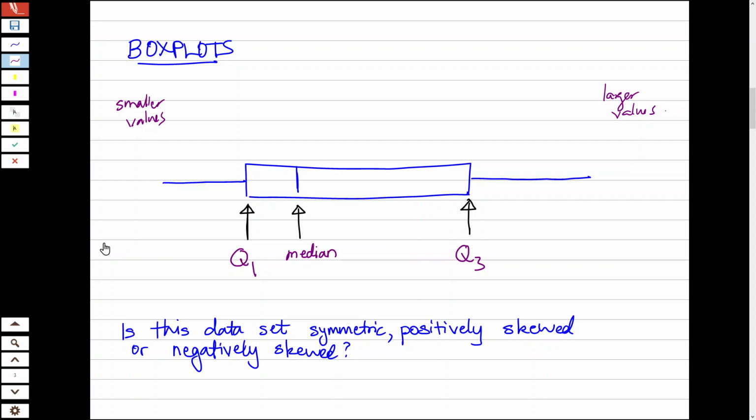Remember what we just did about the 25% parts of a data set? Do you remember a long time ago, I asked the question, is the data symmetric, positively skewed, or negatively skewed? It's actually a lot easier with a box plot.